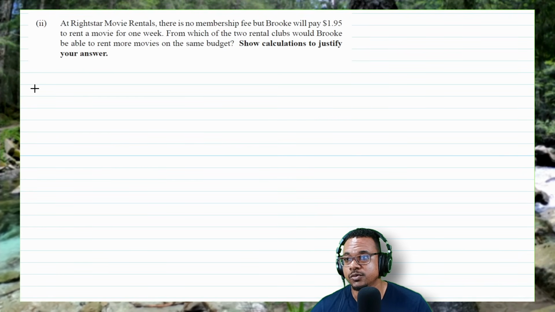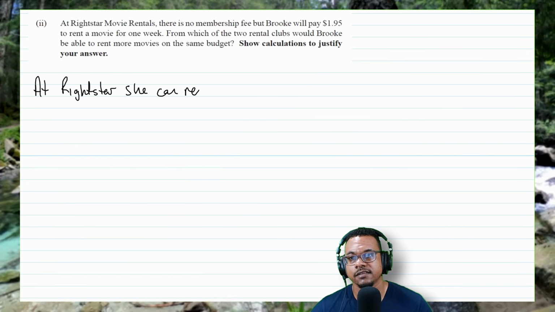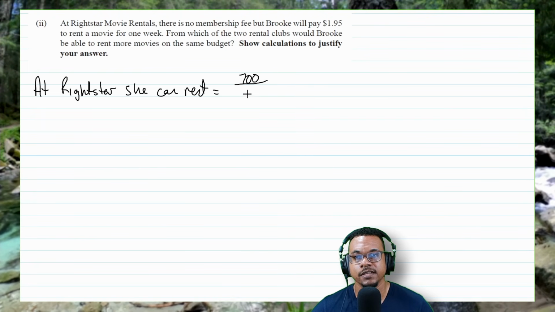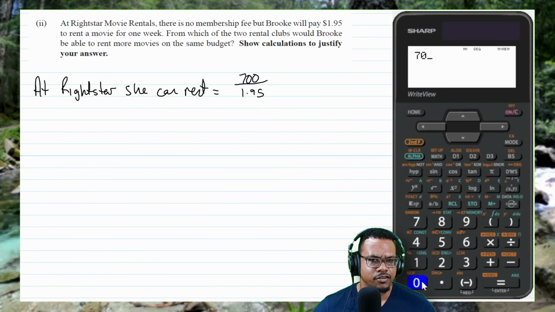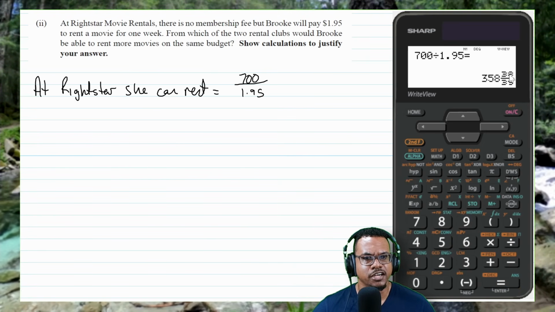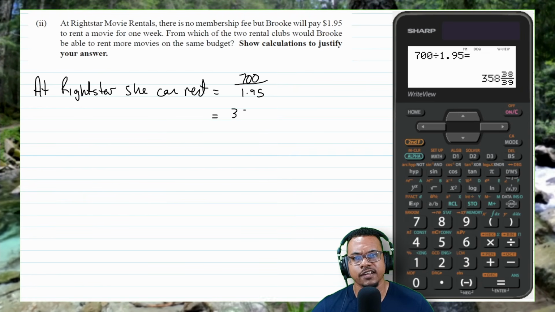So at Right Star, she can rent, with the same $700 budgeted, no annual fee, divided by the cost per movie, $1.95. 700 divided by $1.95 is 358 and a fraction. We ignore the fraction, so that's 358 movies.